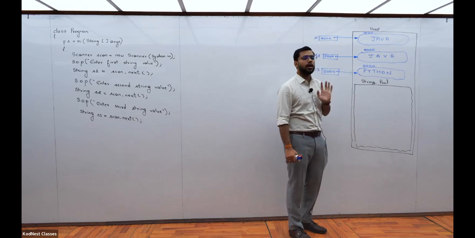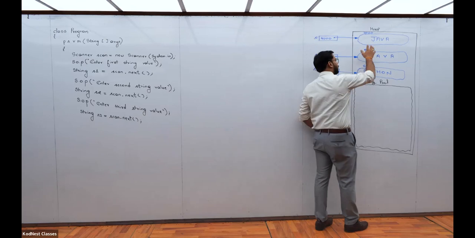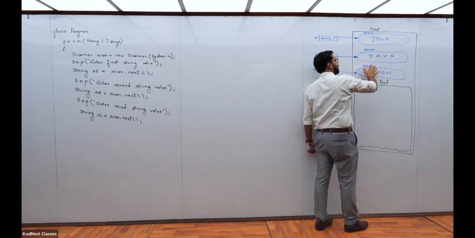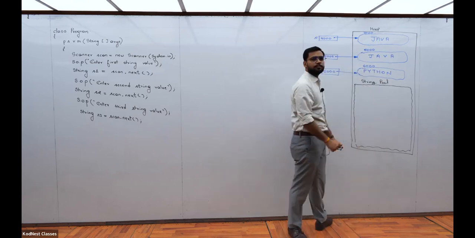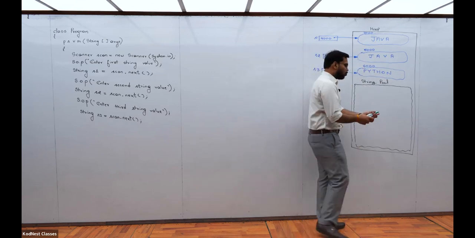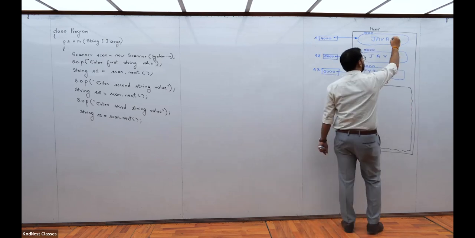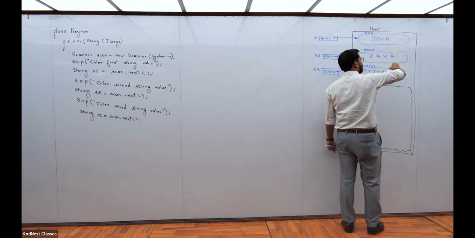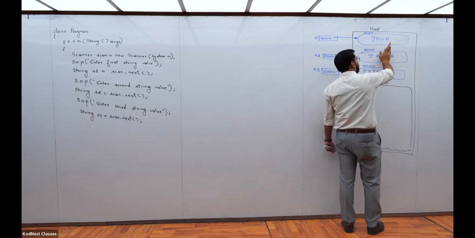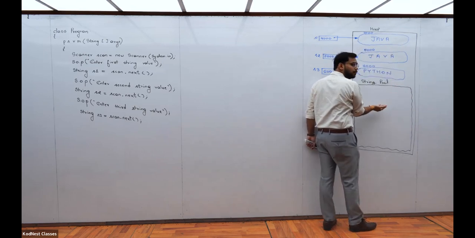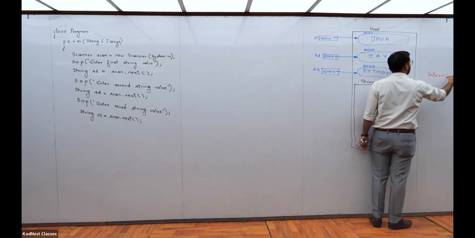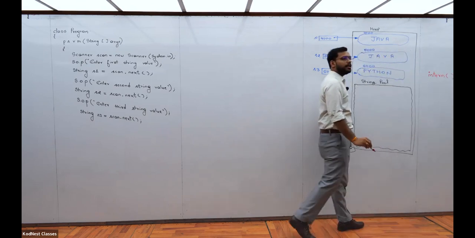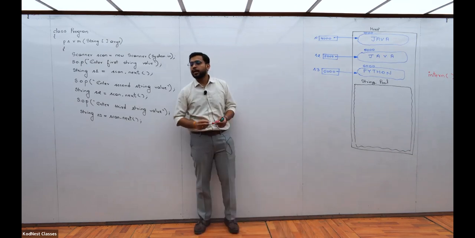Means somehow I have to transfer all these string values from outside the string pool to inside the string pool. And this will be done by using one inbuilt method. That inbuilt method happens to be the intern method. What is the name? Intern method.